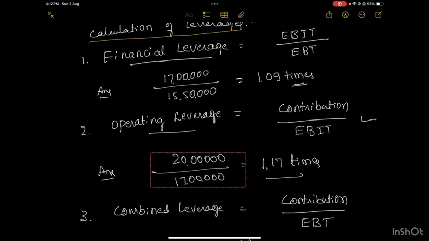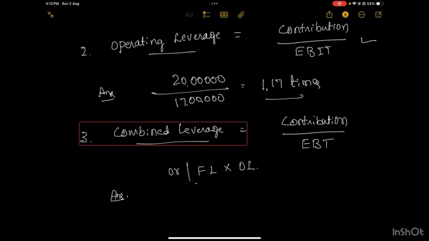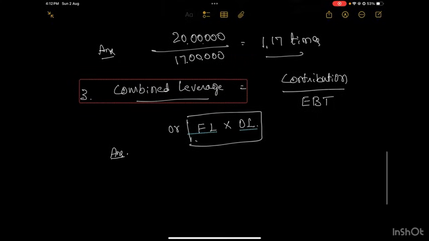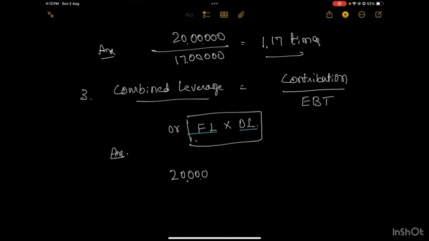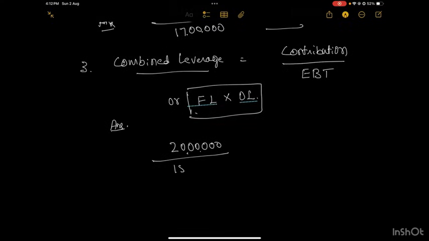Then we are going to find combined leverage. Combined leverage can be calculated by this equation: financial leverage multiplied by the operating leverage, or you can go for the contribution divided by EBT. So we know that contribution is 20 lakhs divided by EBT. What is the amount of EBT? 15 lakhs 50,000. When you divide the 20 lakhs by 15 lakhs 50,000, you will get 1.29 times.